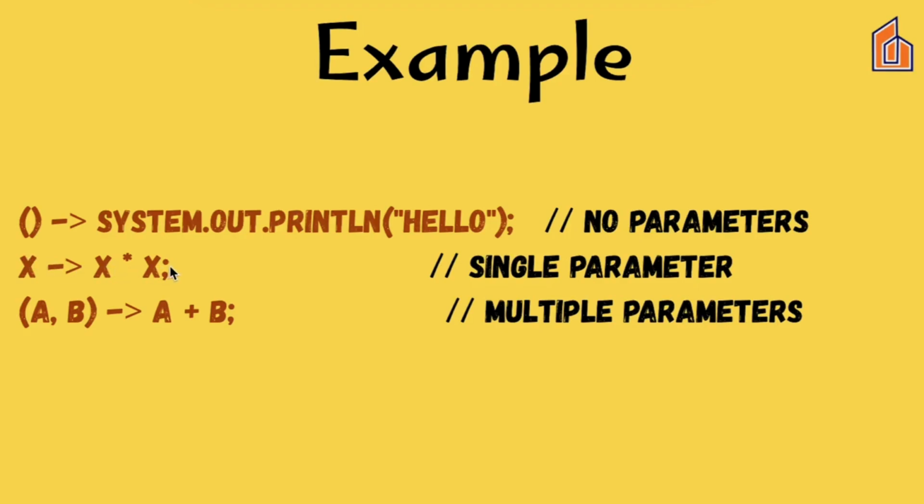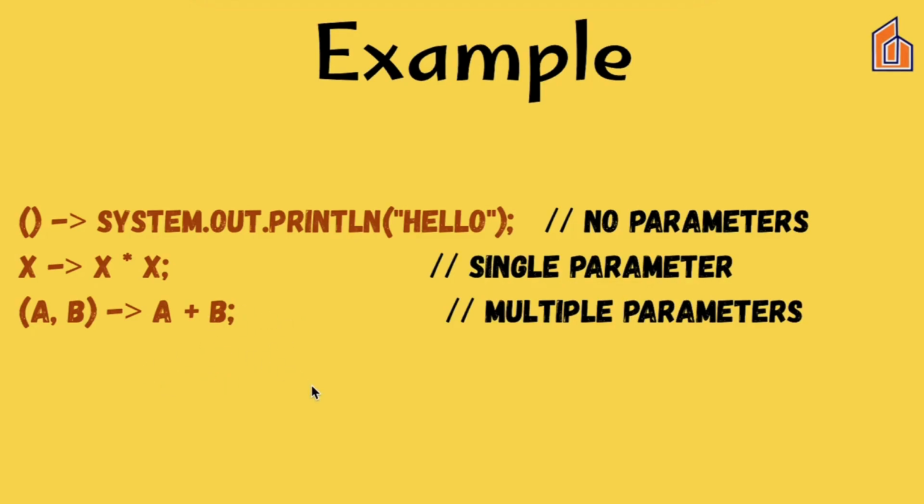The body returns the square of x. The third example is (a, b) goes to a + b. Here there are two parameters, a and b. The body simply returns their sum. So basically, lambda expressions allow us to define small, concise functions without writing a full method definition or anonymous classes.